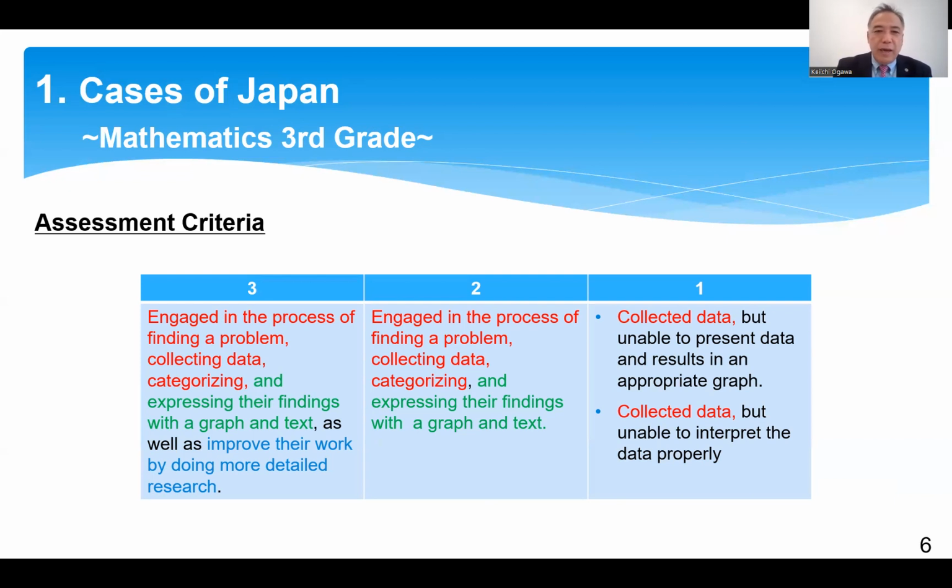Criteria 2: engage in the process of finding a problem, collecting data, categorizing, and expressing their findings with graph and text. Criteria 1: collected data, but unable to present data and the result in the appropriate graphs. Also, collected data, but unable to interpret the data properly. So those are assessment criteria.